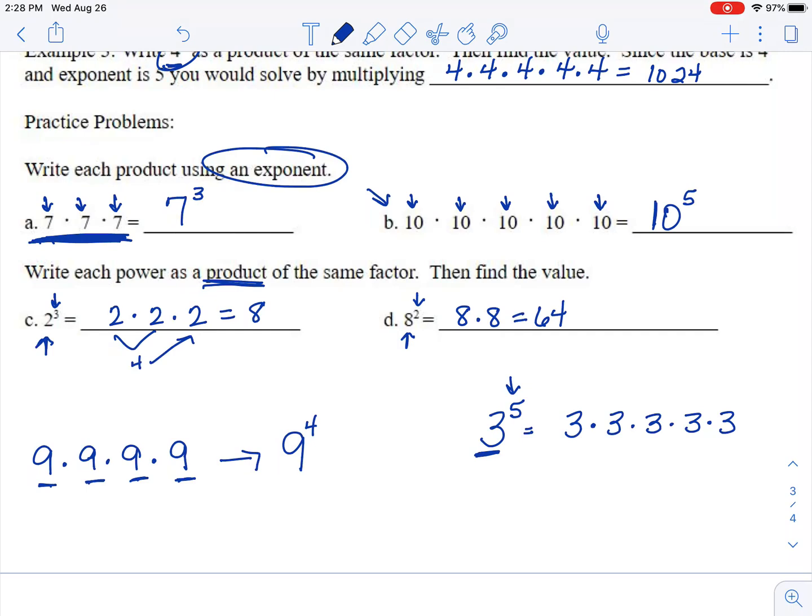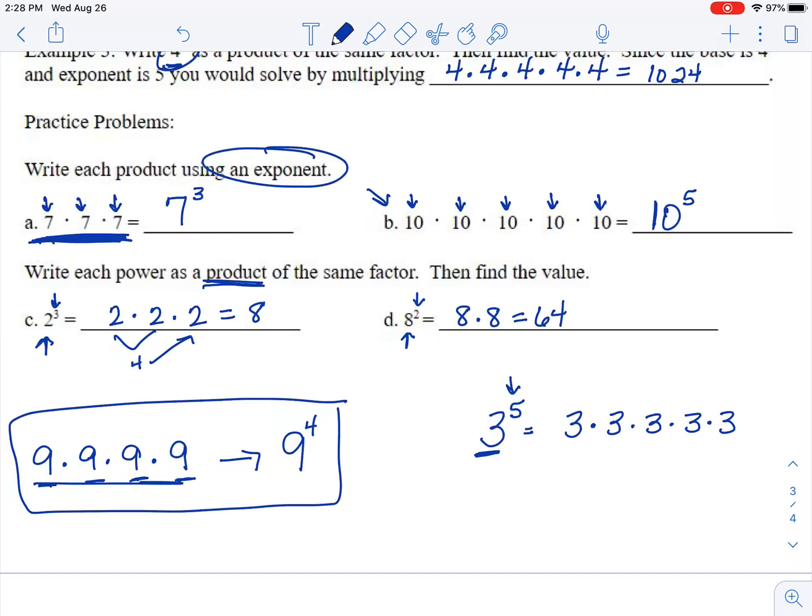And that's what we're going to focus on today, to be able to change it from this to that, or to change it from that to this, so you understand what an exponent means.